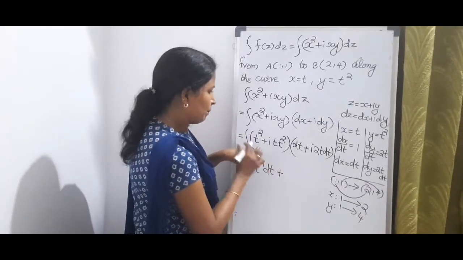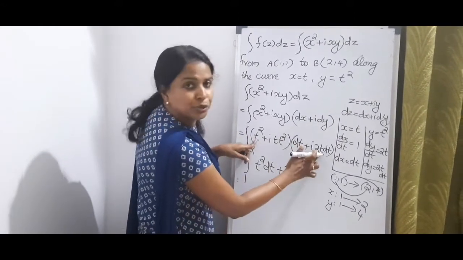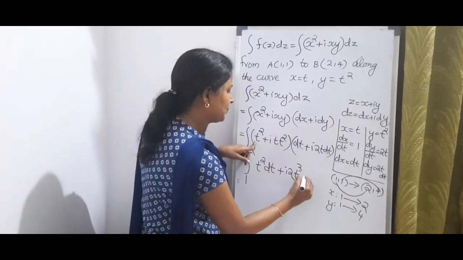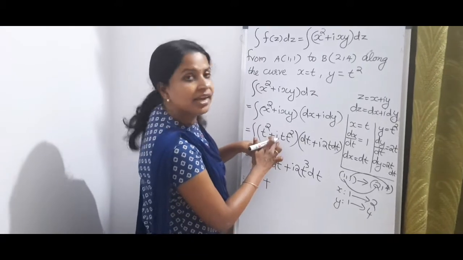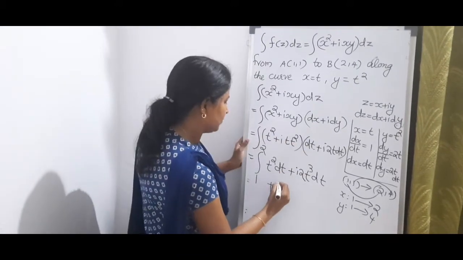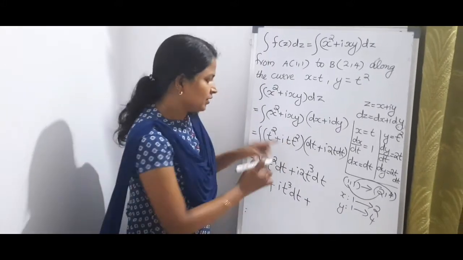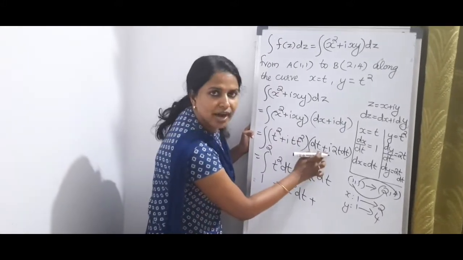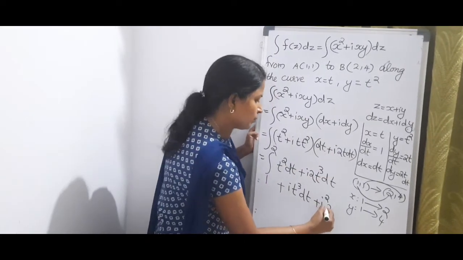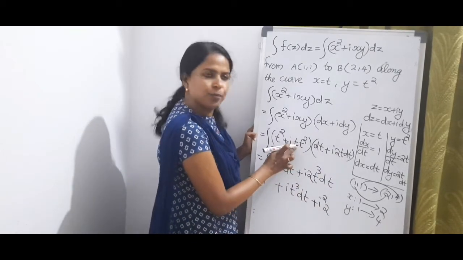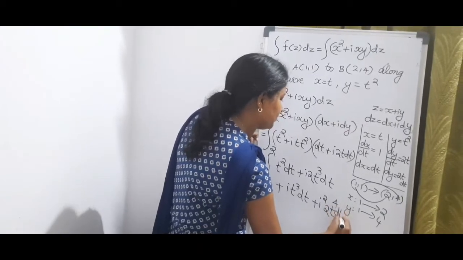Plus i times 2t square into t cube dt, plus i t cube dt, plus i into i square 2t, here t cube, t raised to 4 dt.